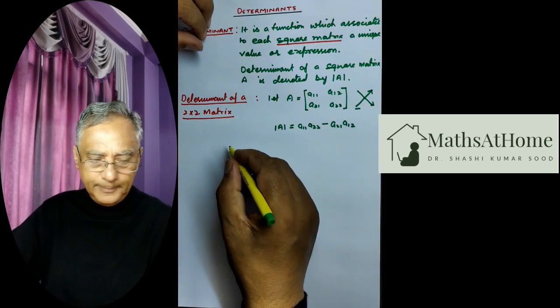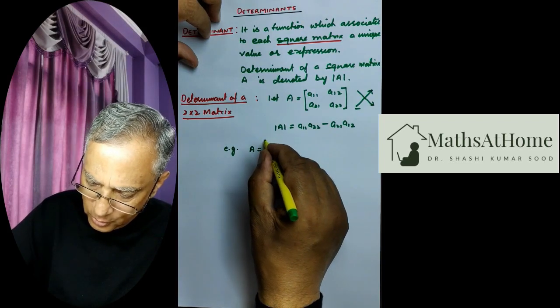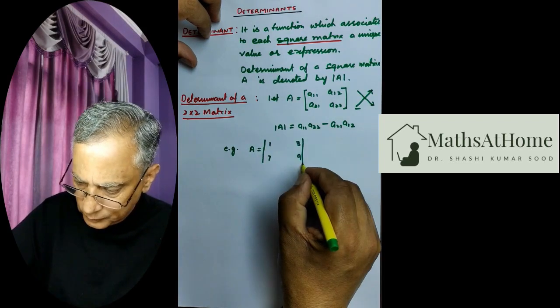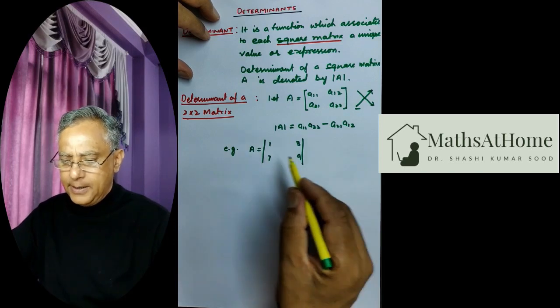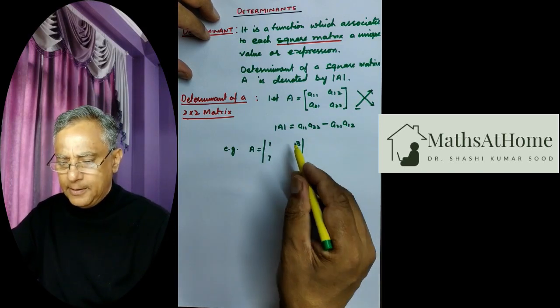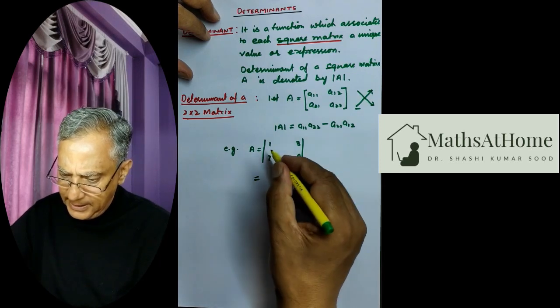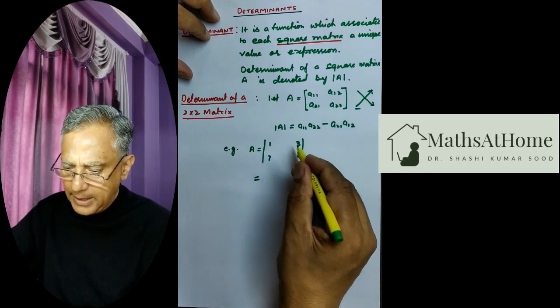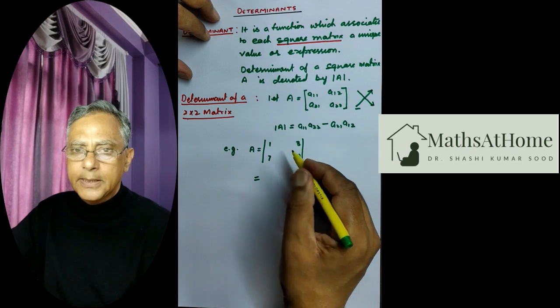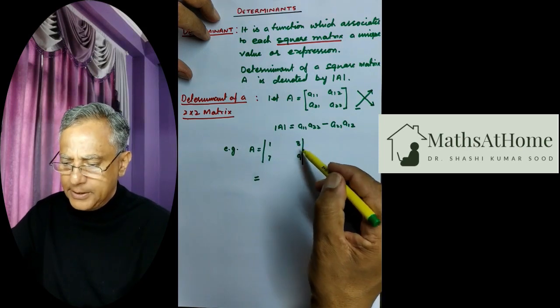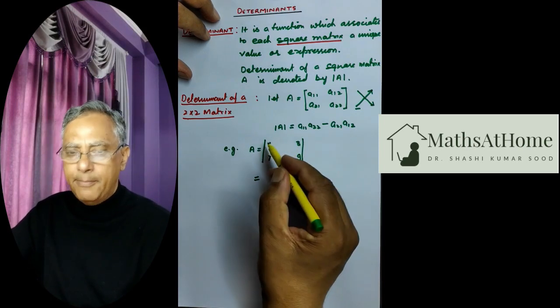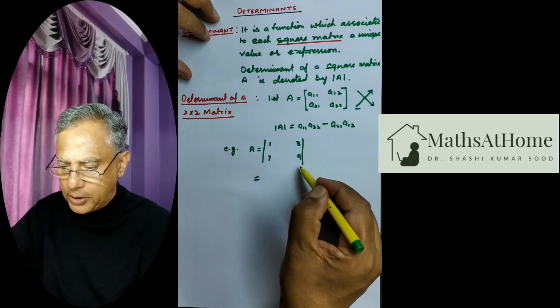For example, say we have to find determinant of this square matrix. So what we do is determinant is this into this minus this into this. Determinant is written in straight bars. Matrix is written in square brackets.